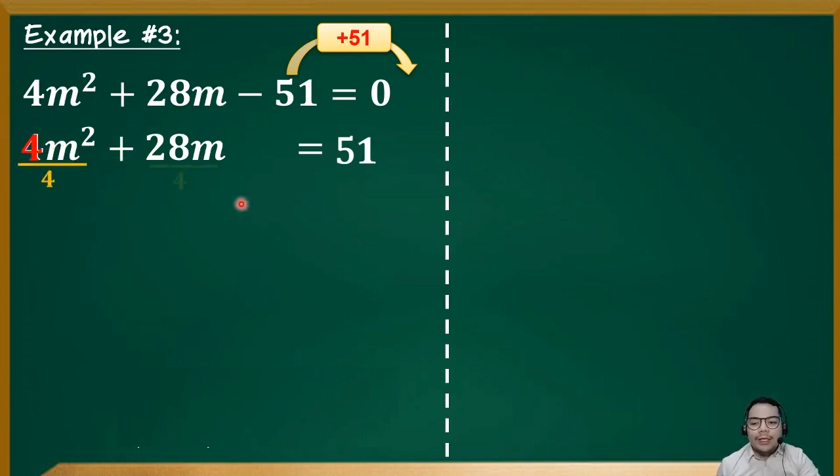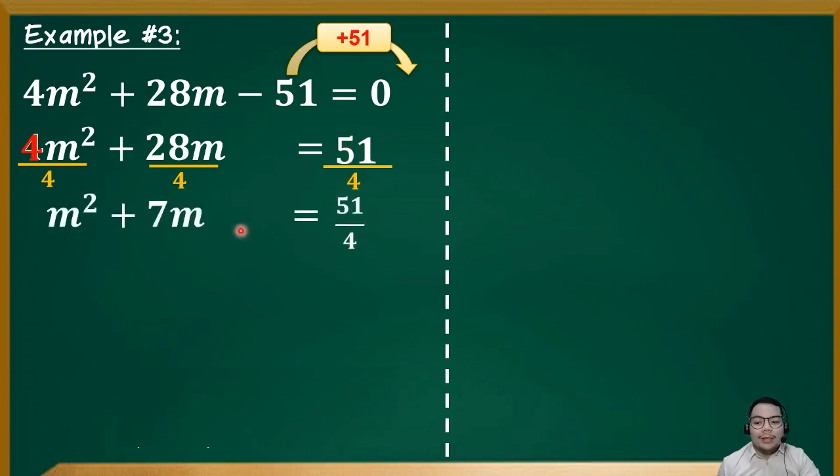So you have to divide each of them by 4. 4 divided by 4 is 1. 28 divided by 4 is 7. And 51, I think, is not a whole number when divided by 4, so let's see. It becomes m squared, since the coefficient is now 1, then this one becomes 7. And since we cannot get a whole number from 51, we'll just consider it as a fraction. That's the end of the second step.